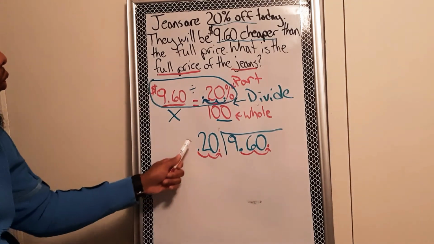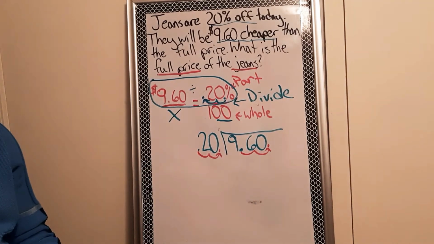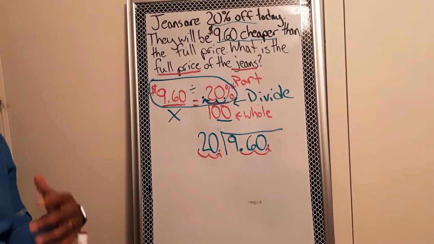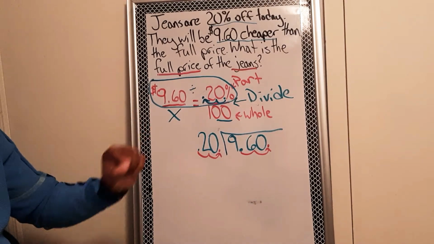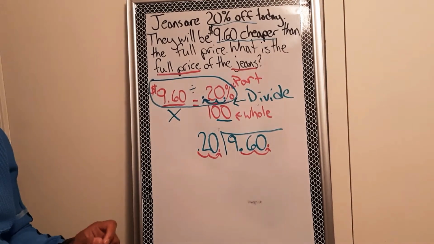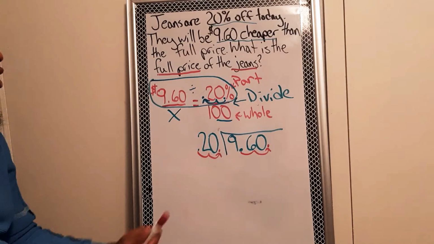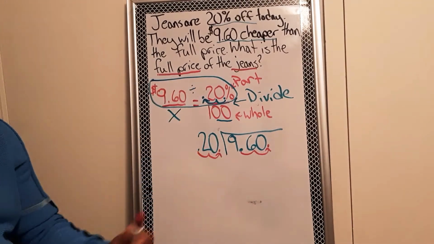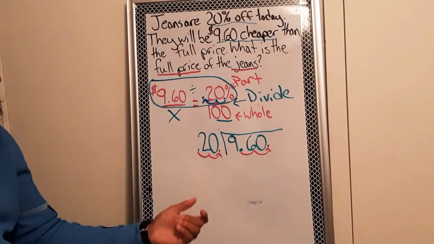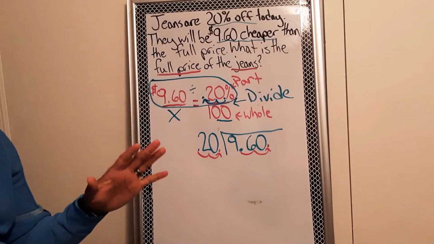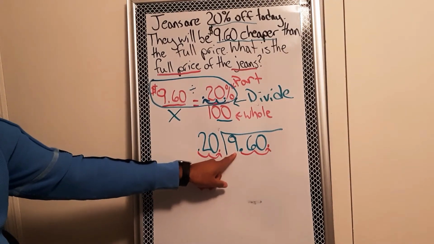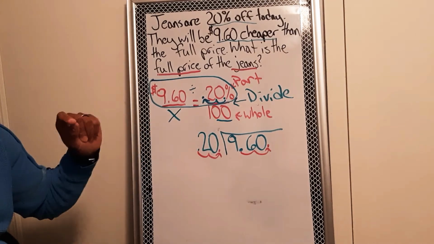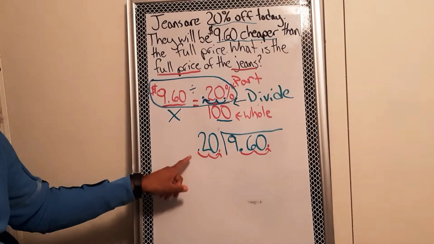So now, what can I multiply by 2 that will get me close to 9 without going over? Whatever method you use, whether it's skip counting by 2s or drawing the picture, 2 times 4 gives me 8. 2 times 5 gives me 10, which is more than 9. So I'm going to go back to 2 times 4, which gives me 8.